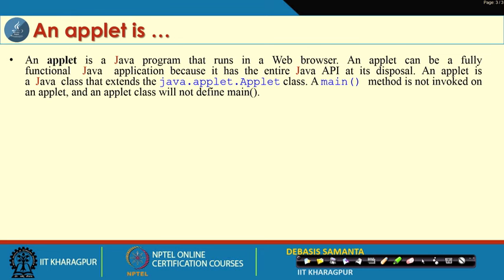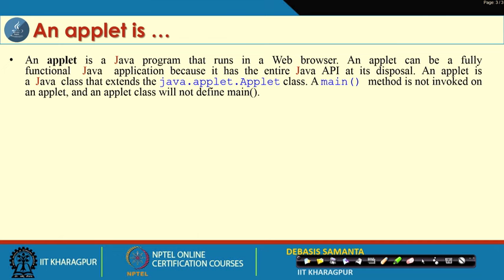As we know, an applet is basically a Java program which can be executed through a web browser. On the other hand, the core programming we do not run using a web browser, rather we can run independently from the console itself.